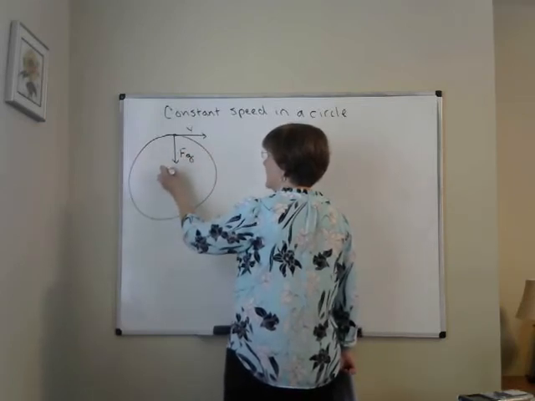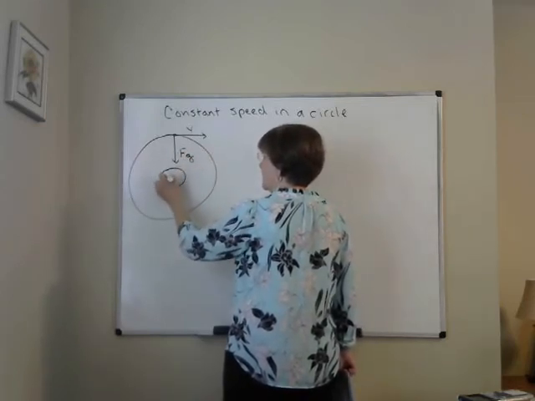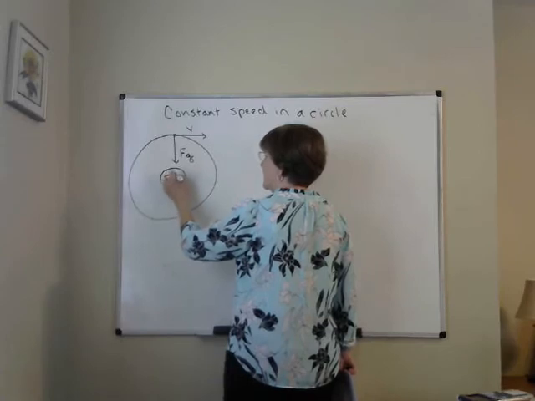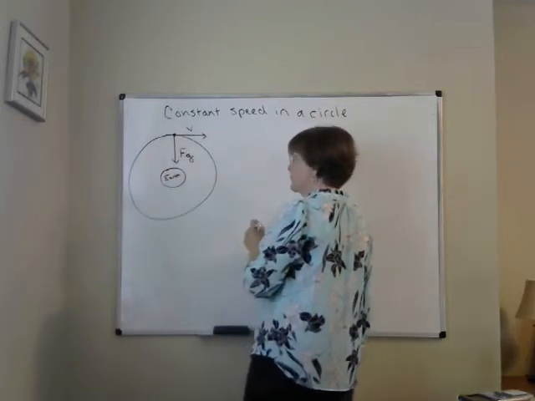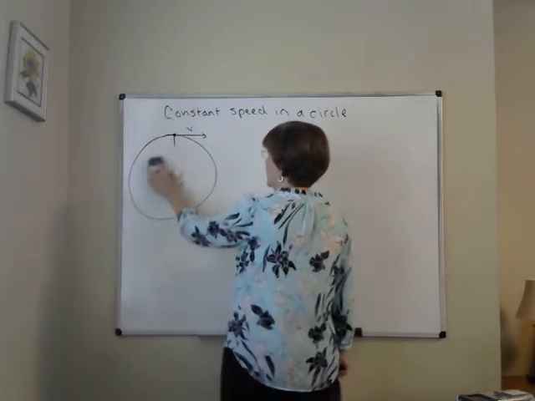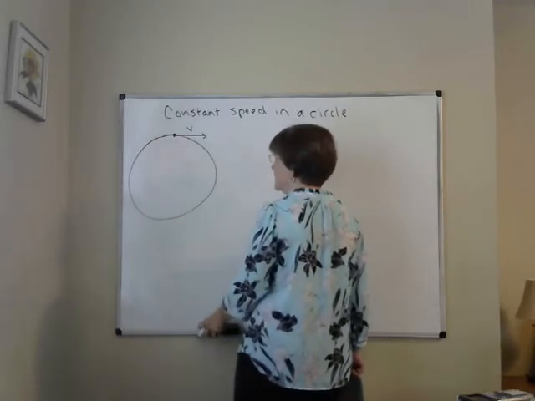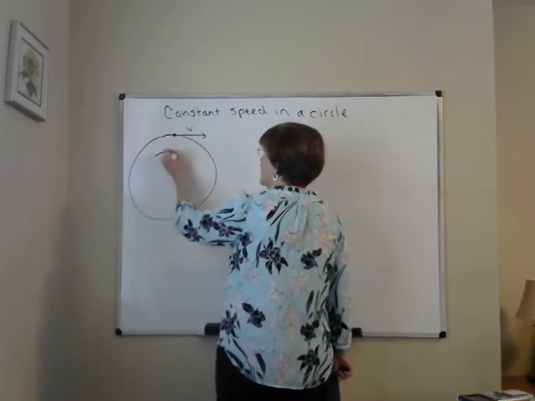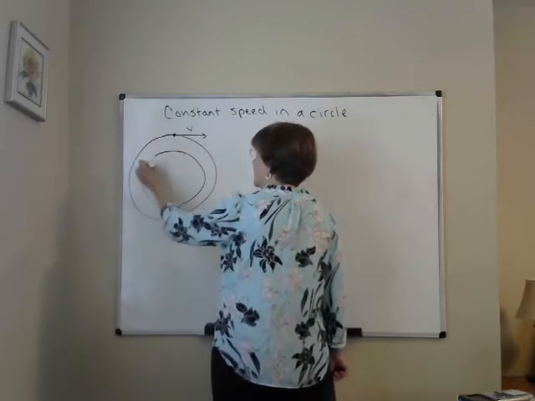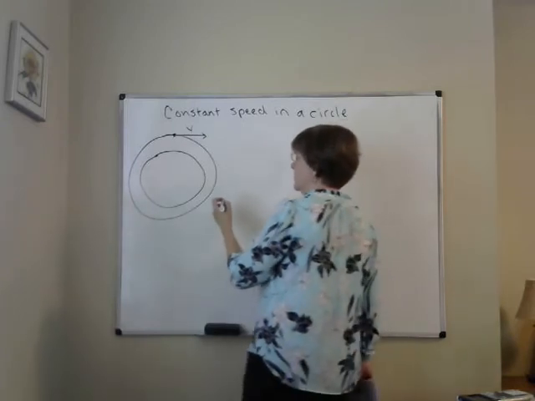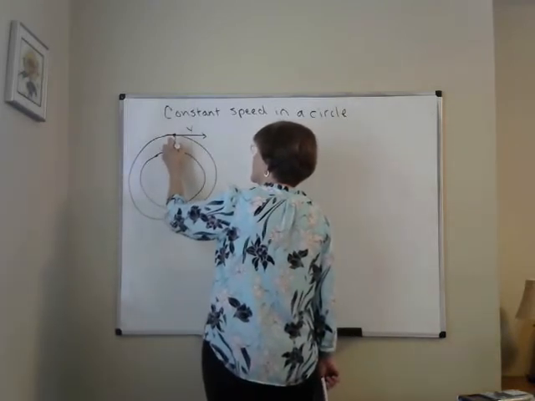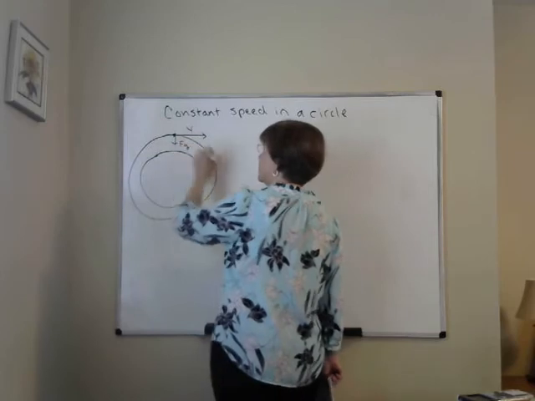If this was planet Earth, and this is a satellite of some sort, and planet Earth is really much bigger. Let me redraw that. This is planet Earth, and perhaps this is a satellite orbiting the Earth. The centripetal force is caused by the gravitational attraction.